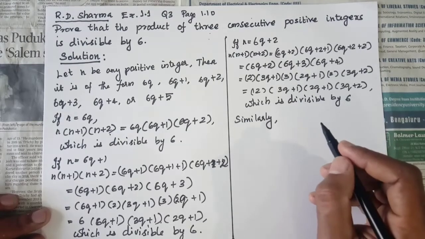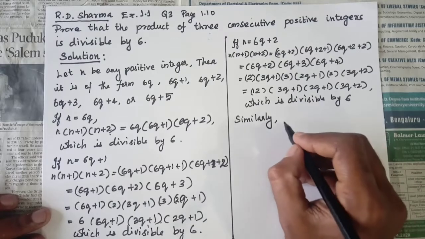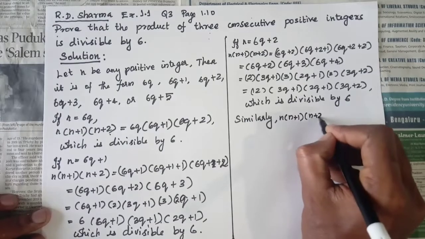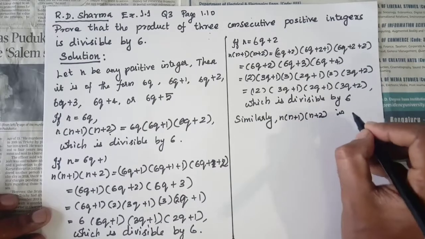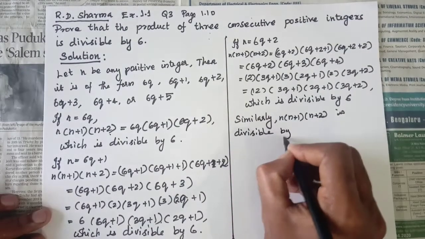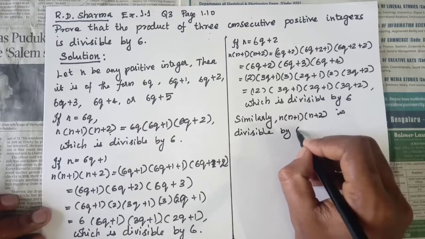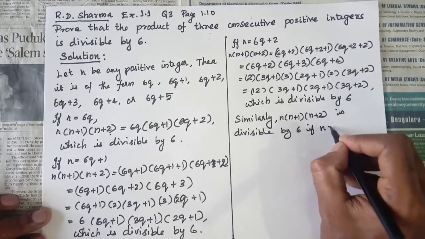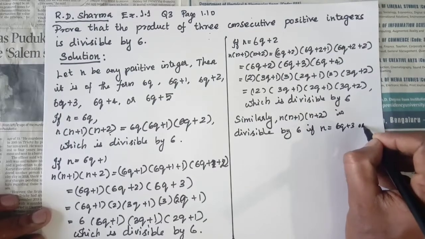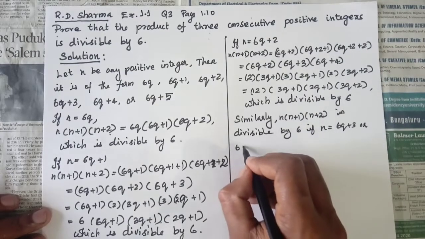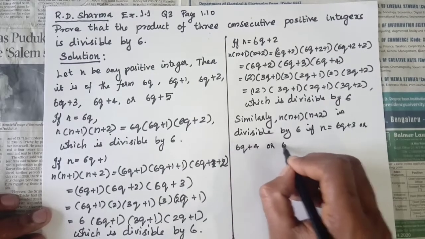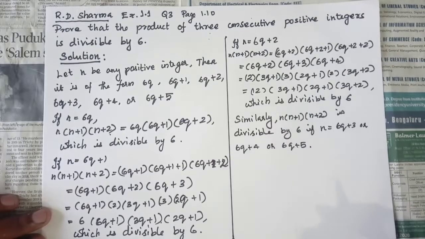The answer goes long, so we can write the other three cases also. Similarly, n into n plus 1 into n plus 2 is divisible by 6 if n is equal to 6q plus 3, or 6q plus 4, or 6q plus 5.